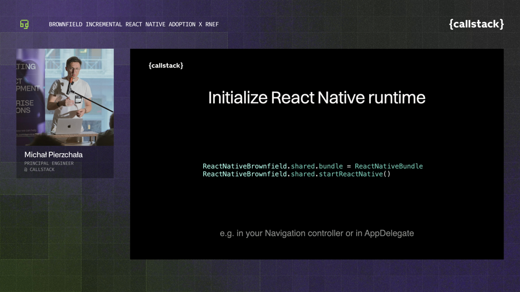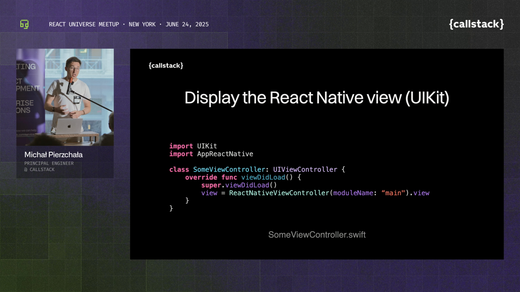So we'll define where our JavaScript bundle is, or how it's named. And we can just start React Native, which will initialize Hermes and all the runtime that the React Native renderer needs to start rendering our application.